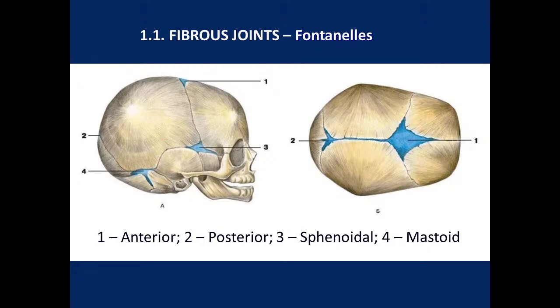We call the 2 unpaired anterior fontanelle here and posterior fontanelle. But two paired: number 3 is the sphenoidal fontanelle, and near processus mastoidus we call the mastoid fontanelle.